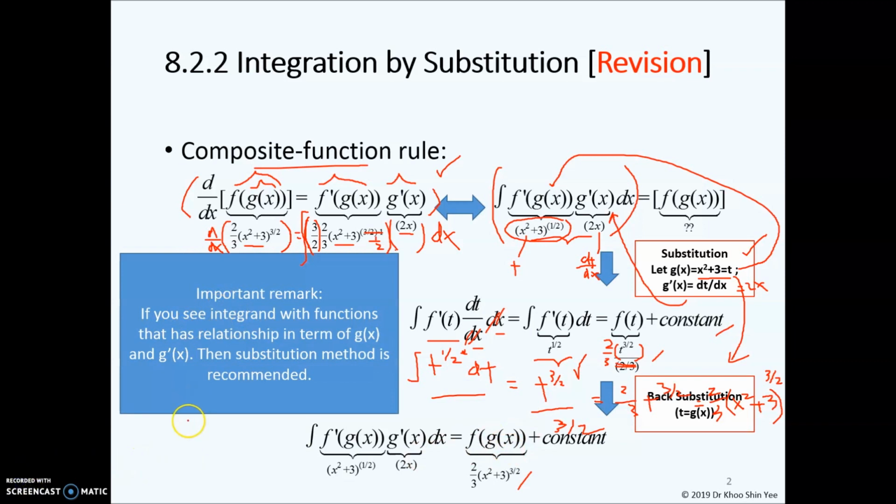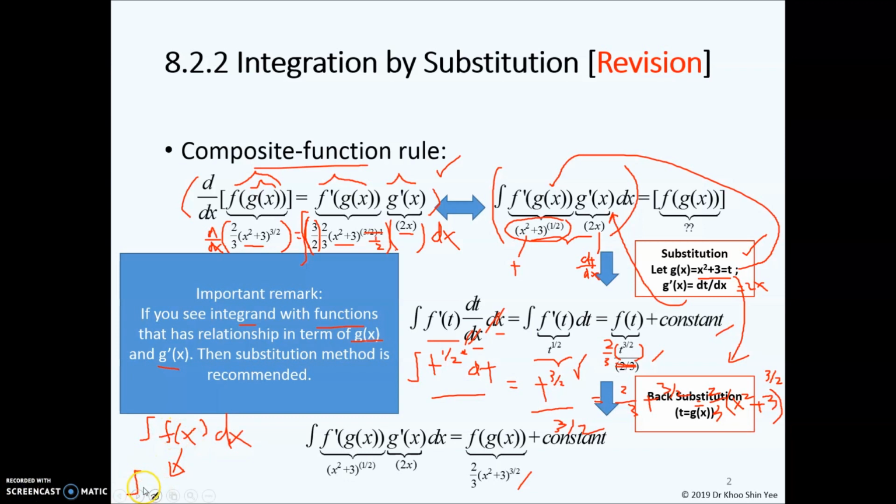So, if you see an integrand, let's say you have some function like this, f(x), with a relationship in terms of g(x) and g prime (x), it means this function is a composite function.